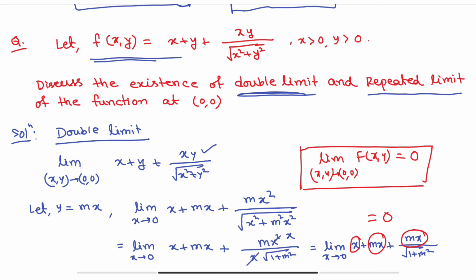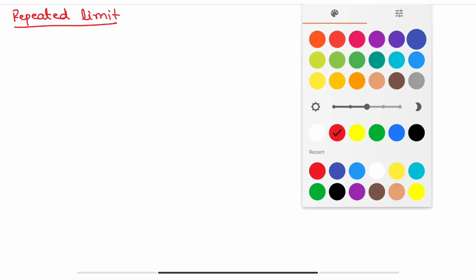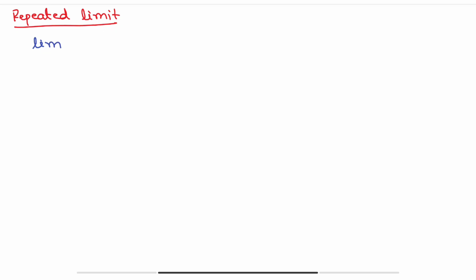Now find the repeated limit. Limit x tends to 0, limit y tends to 0, x plus y plus xy by root over x square plus y square.